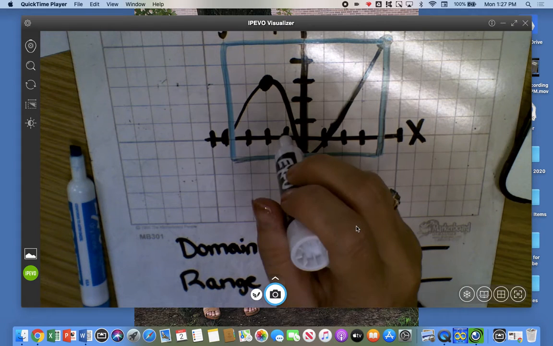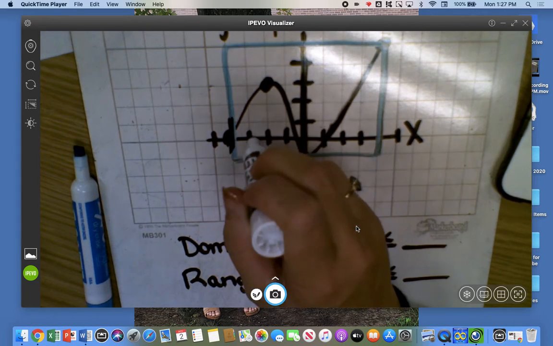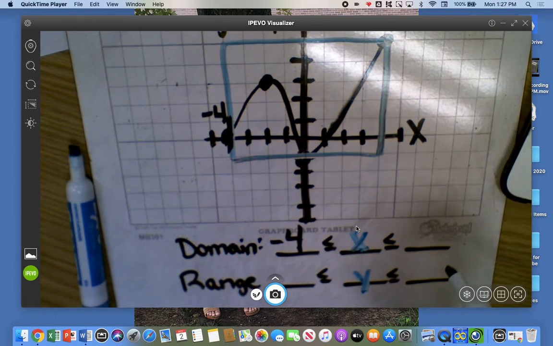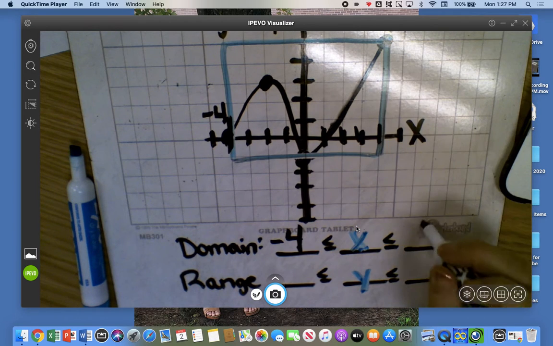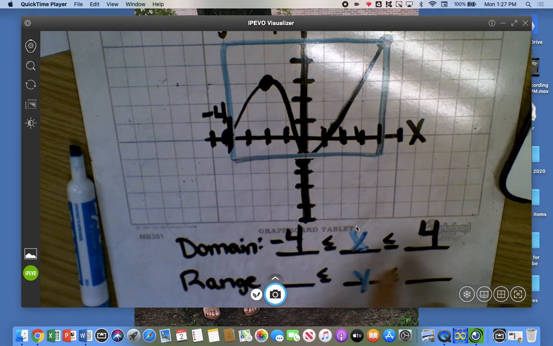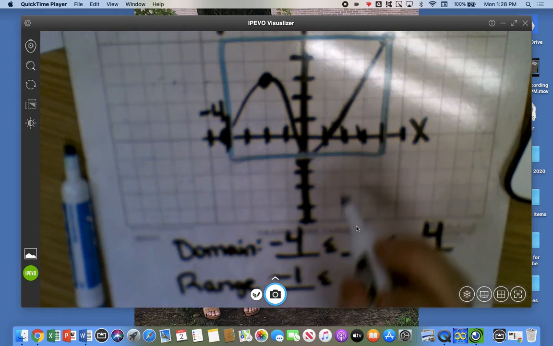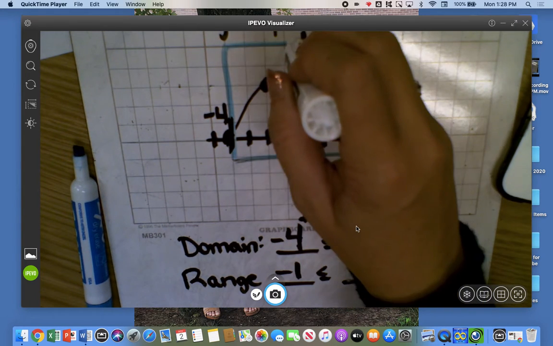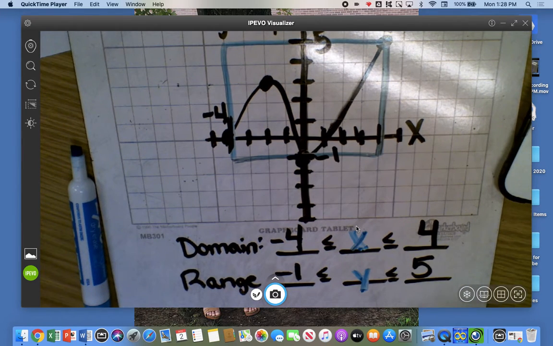The smallest number on the x-axis is over here, which is -1, 2, 3, 4, that's -4. And then it goes all the way over to +1, 2, 3, 4. That's the smallest number and the biggest number on the x-axis. Then our range starts down at -1 right here and goes up to 1, 2, 3, 4, 5, so from -1 to +5.